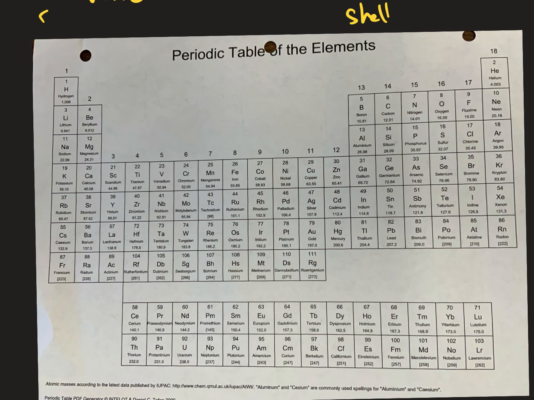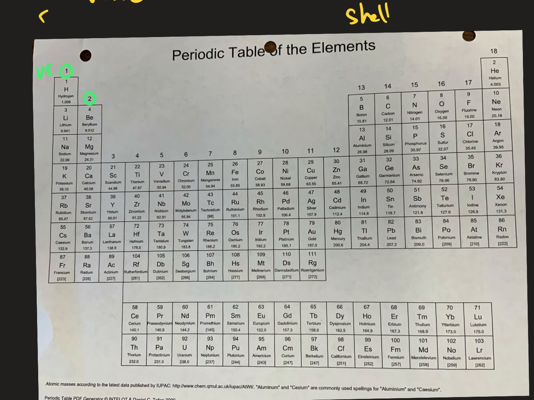Okay? So hydrogen only has one electron, period. So it has one valence electron, right? What about lithium? One valence electron. What about sodium? One. Potassium, one. Rubidium, one. Cesium, one. All of them just have one valence electron. There it is. So these are the valence electrons.